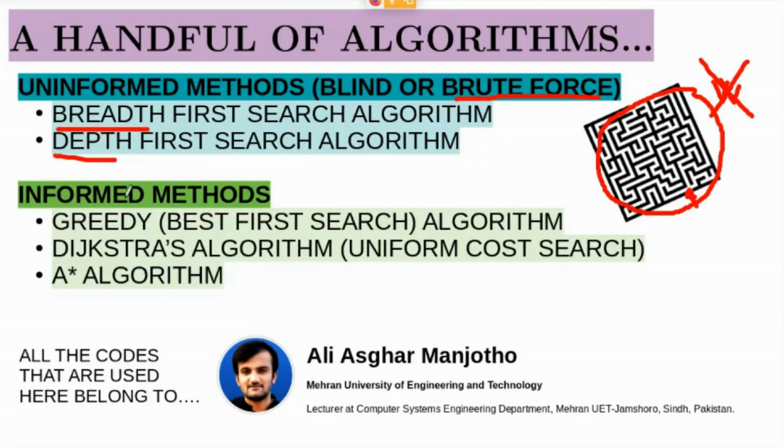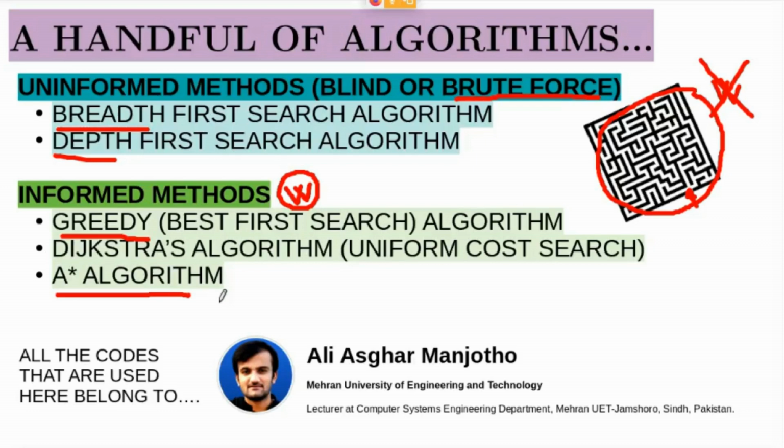And then, on the other hand, we have the informed methods. These are the methods that use weights in all the connections between the candidate nodes. This will be the greedy algorithm, the Dijkstra's algorithm, and finally, the A star algorithm. This, you will see, will be the optimum, the most efficient algorithm that we are going to deal with in today's lecture.